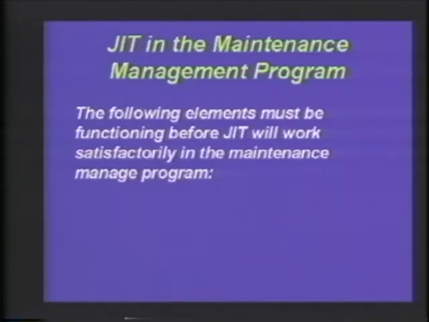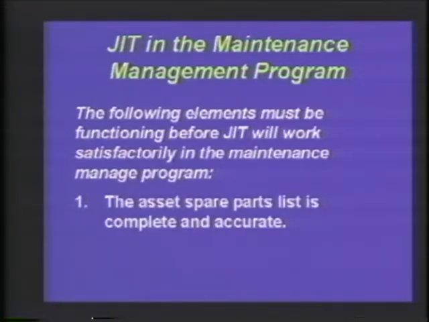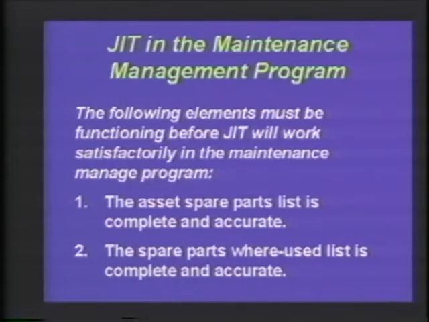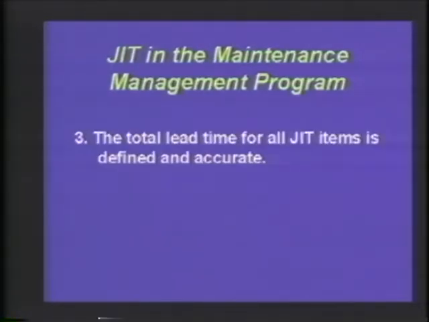The first one is to have the spare parts list complete and accurate. That is for all assets. Well, you should have that anyway, even if you don't go into JIT. 2, the spare parts where-used list is complete and accurate. You need that where you're trying to eliminate obsolescence in the storeroom. 3, the total lead time for all JIT items is defined and accurate.